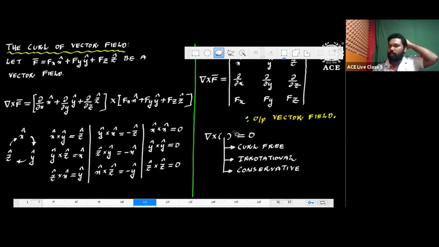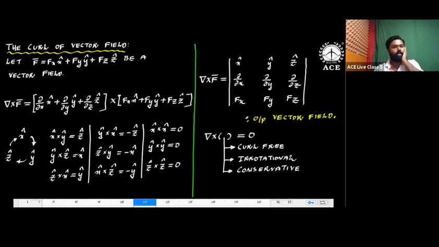Okay. Now let us try to have the physical interpretation of this. This is a formula you should remember, and you should know the physical interpretation as well. Let us try to have the physical interpretation here. I'm going to turn the page.